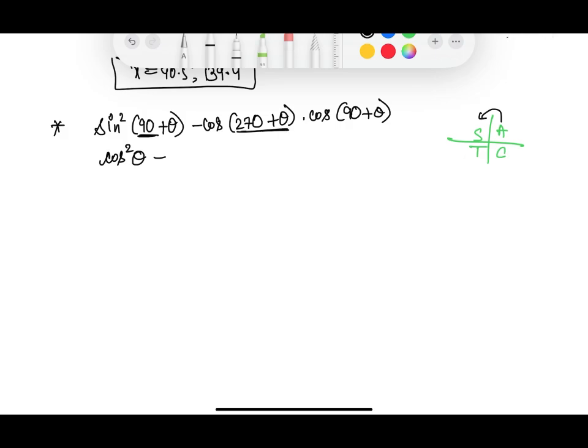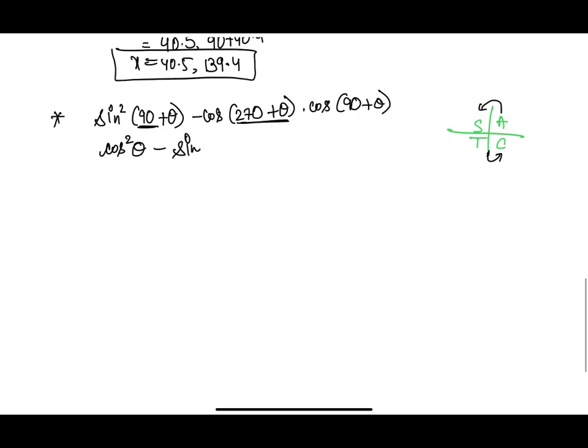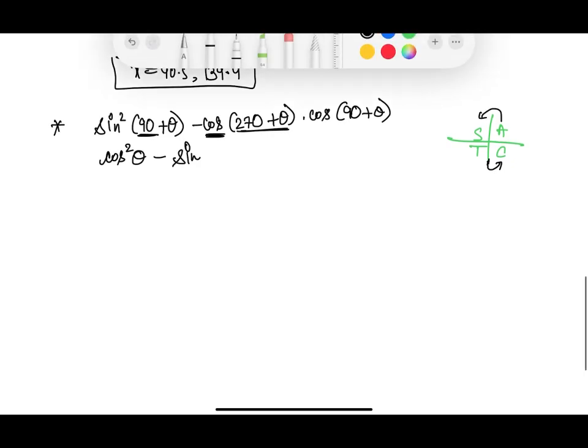Whenever it's 90 or 270, cos changes into sine, so it's sine (270 plus theta). 270 plus is the fourth quadrant, where cos is positive. Here we have to check whether cos is positive or negative, not sine, because originally it's cos. So then it's sine theta.